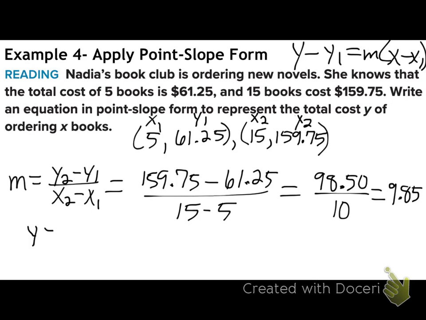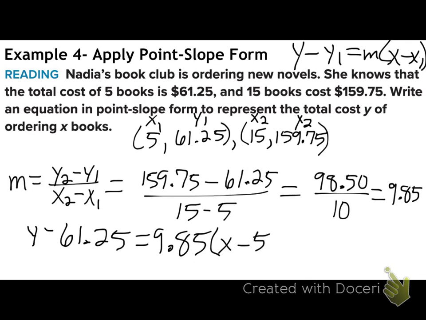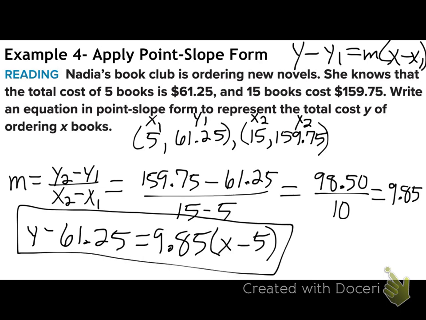If I'm using the first ordered pair, what's my y1 value going to be? 61.25 equals, what's my slope? 9.85 times x minus 5, the x value from the ordered pair that I'm using. Do I have any 2 signs right next to each other or anything like that? No. This is one possible answer for this problem. That's an equation in point slope form, right?